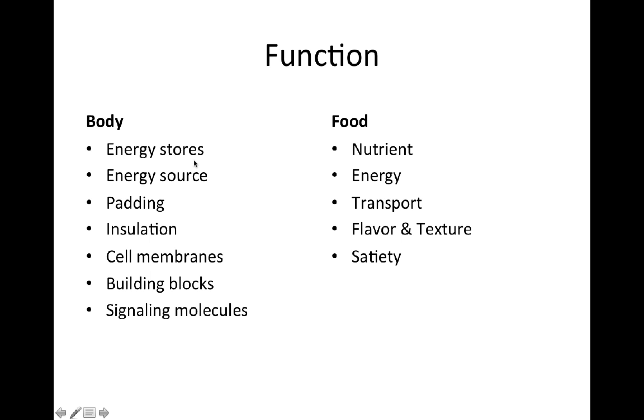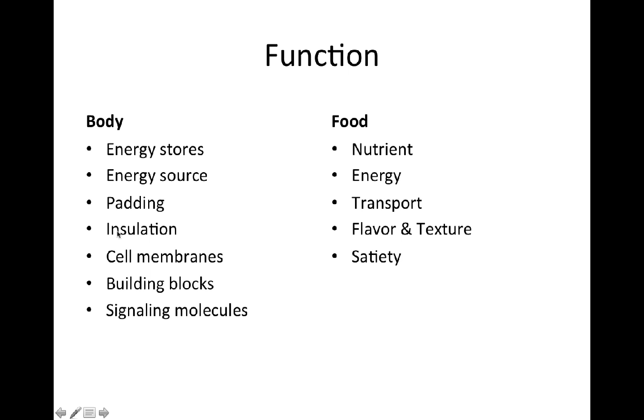So the function of lipids in the body, of course, fat is a good energy source, provides 9 calories per gram, so that is something that you should definitely know, how many calories per gram are in fat. In the body, it's the main way that we store our energy.